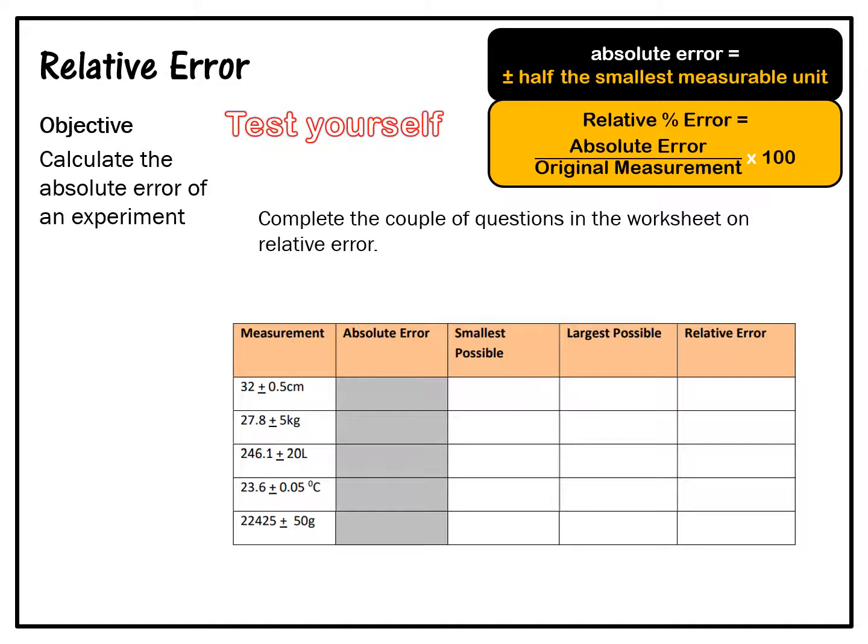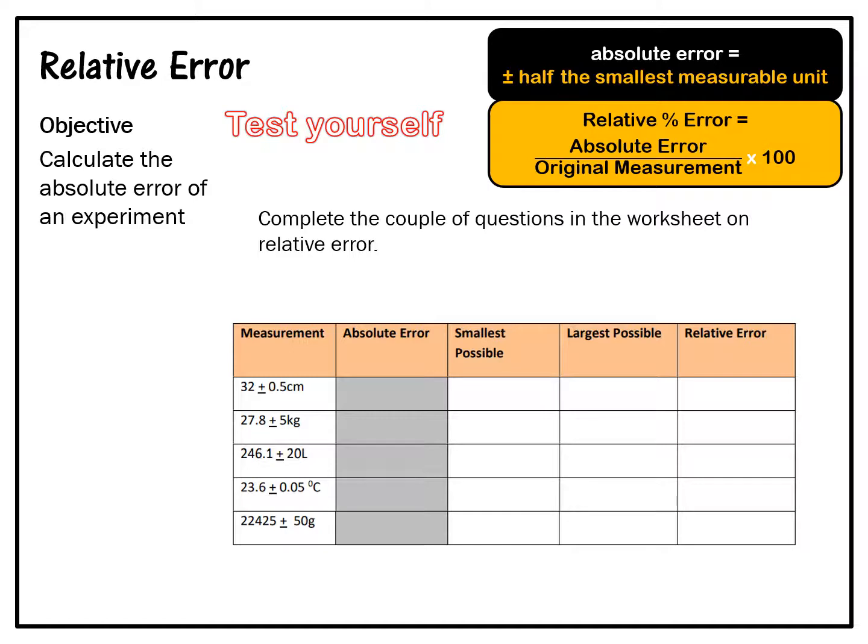Again, some more for you to test. Now, unlike beforehand, where I got you to look at the units of measurements, I'm going to pick some other arbitrary ones on the right here. So these values, 0.5, 5, 20, 0.05, are actually the absolute error that you're going to put there. That's why I've blanked it in, but if you want to see what the absolute error is, you can certainly put it in that column.